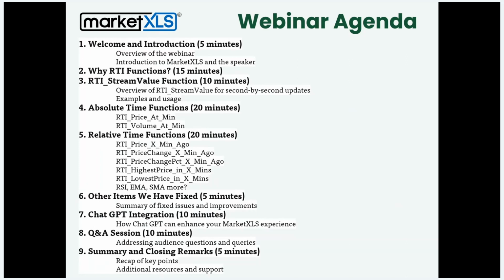And then there are various details about these RTI functions like absolute time functions, relative time functions. And many of you also have raised some issues in the past, and we have made huge improvements in this release. I'm going to talk about those.